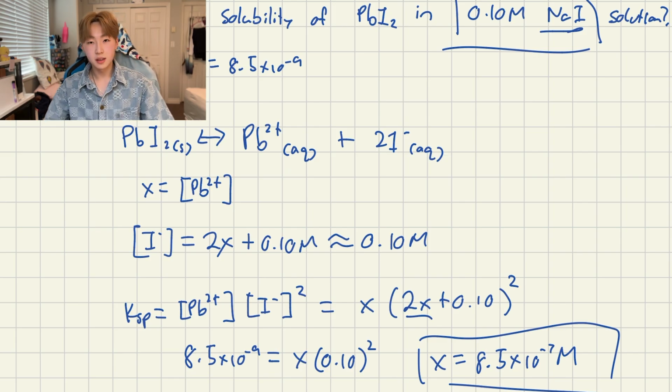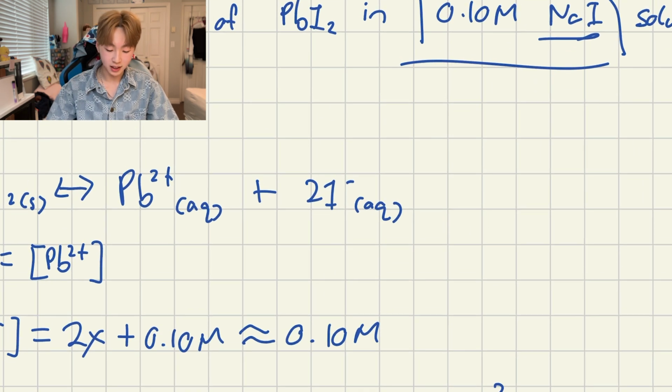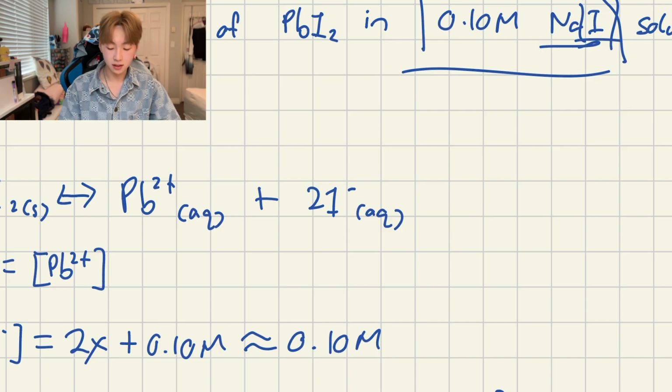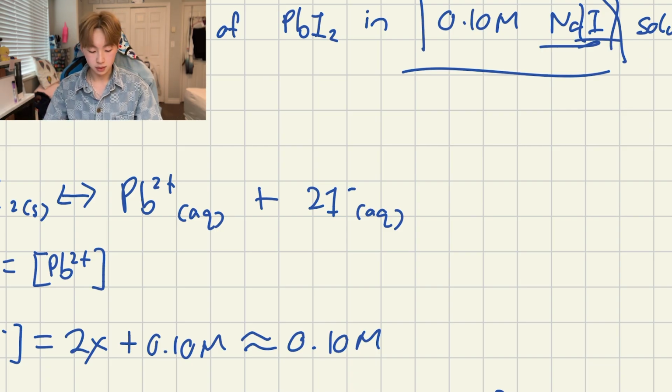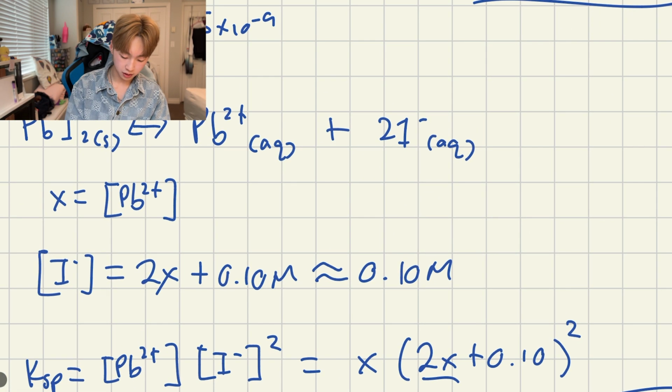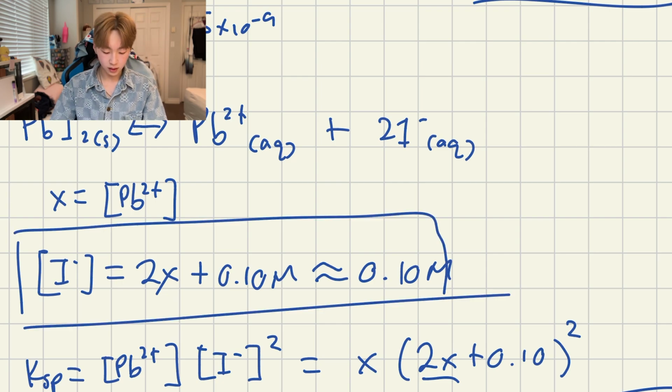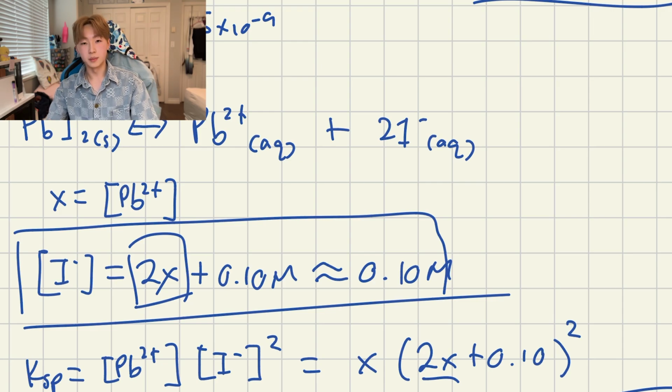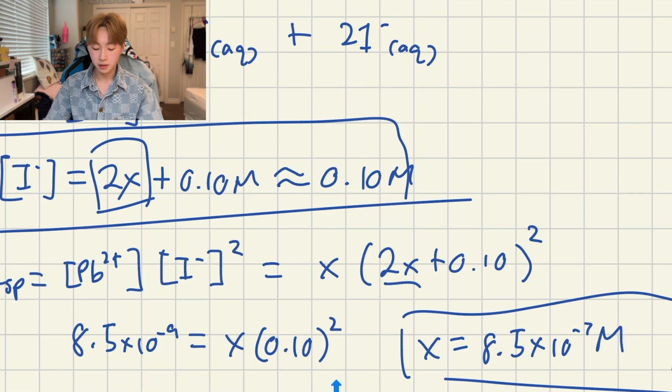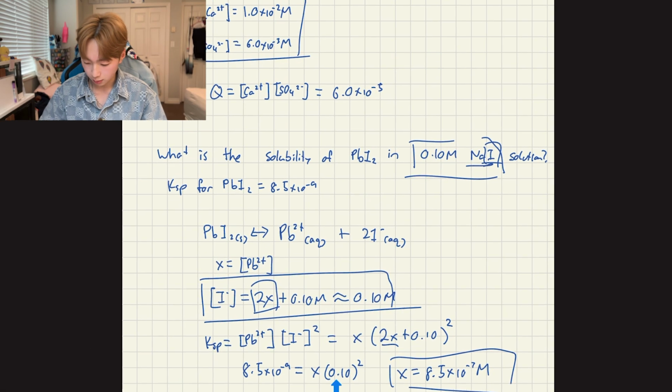So to summarize, the only thing that's different for the common ion effect is that you have a common ion, such as our iodine in this situation, which will then be added to our concentration over here. And then you have to assume that your x is negligible, because then the math gets ugly. And then at the end you have to check to make sure it's actually negligible. We see that 8.5 times 10 to the negative 7 is way smaller than 0.10. So it is negligible. And that is how we do it.